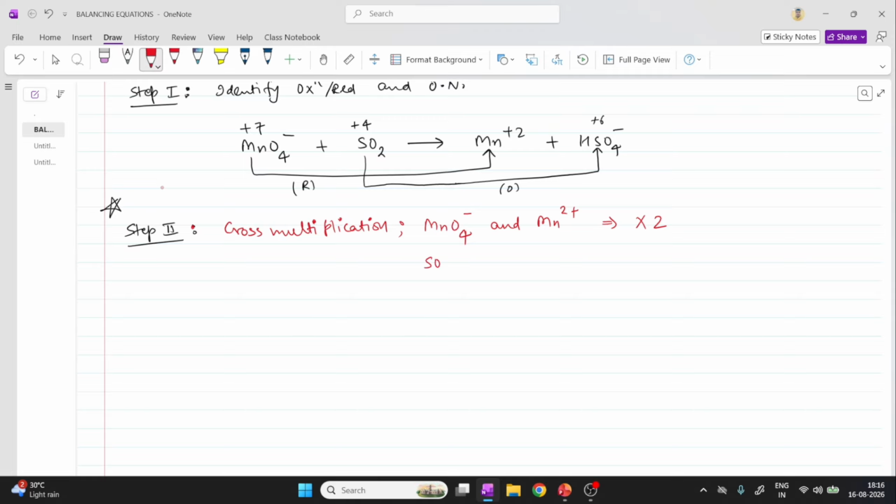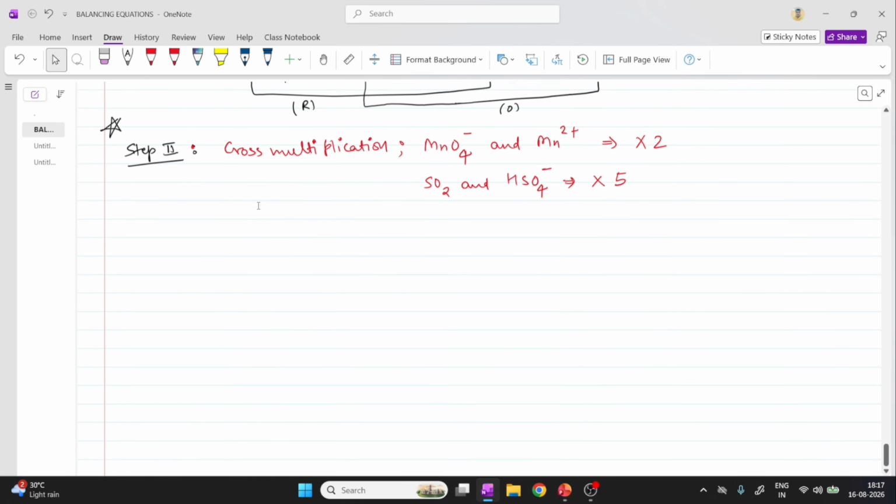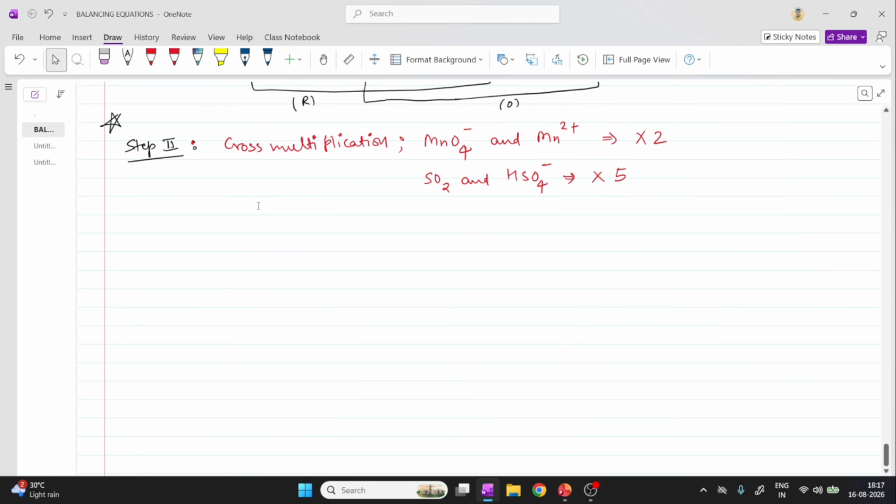And SO2 and HSO4: sulfur is moving from +4 to +6, that means a 2 difference, so this has to be multiplied by 5, meaning cross. Why do we need to do this? Because the change in oxidation number has to be equal.